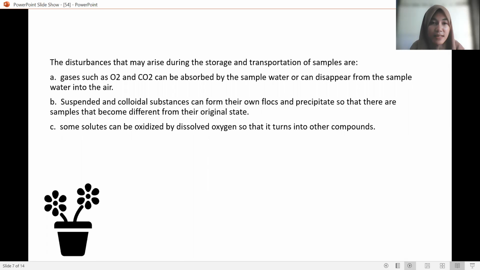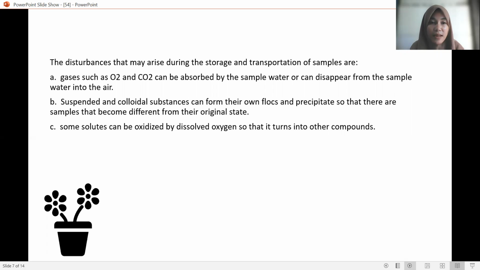The disturbances that may arise during the storage and transportation of samples are: A. Gases such as O2 and CO2 can be absorbed by the sample water or can escape from the sample water into the air.